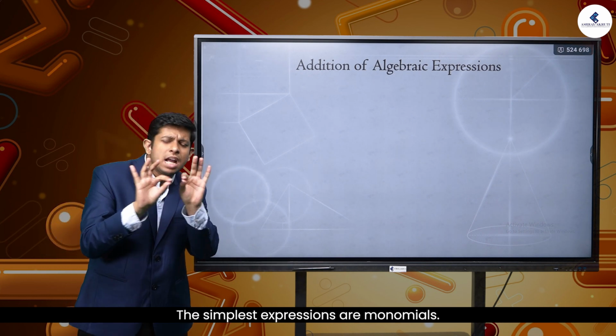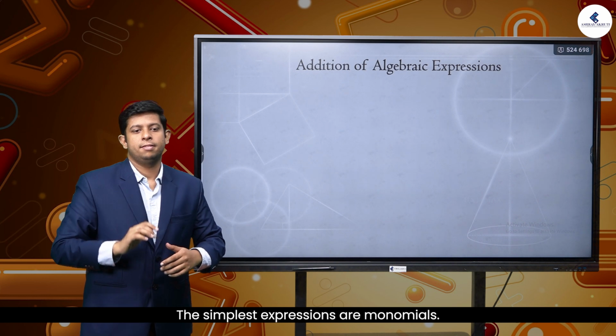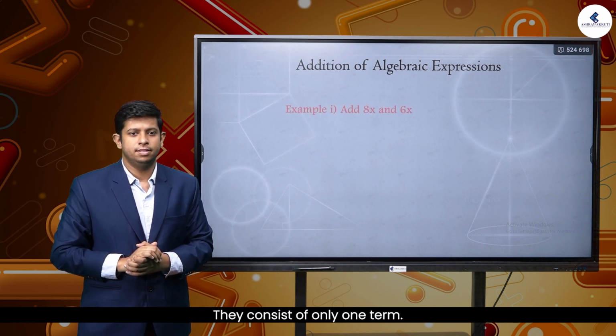The simplest expressions are monomials. They consist of only one term.